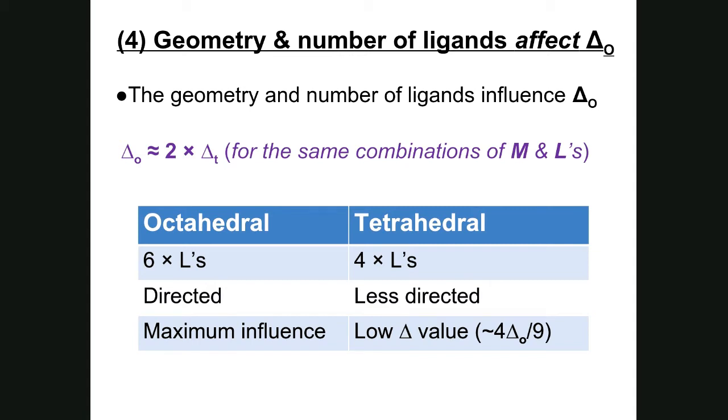You've seen in an octahedron that your ligands are very directed. The bonds come directly along the X, Y, and Z axes when ligands and metal ions bond.